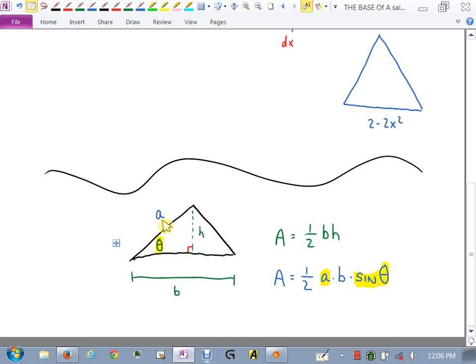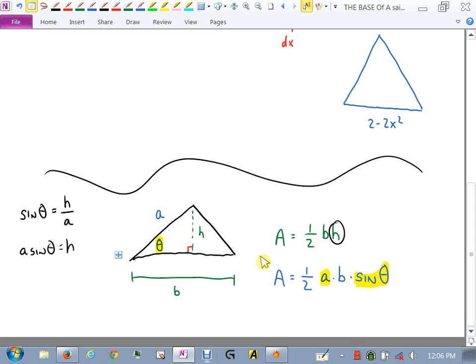H over A. Solve for H by multiplying both sides by A. What do you get? A sine theta is H. Go to this formula and replace H with A sine theta, and what do you get? This formula right here.